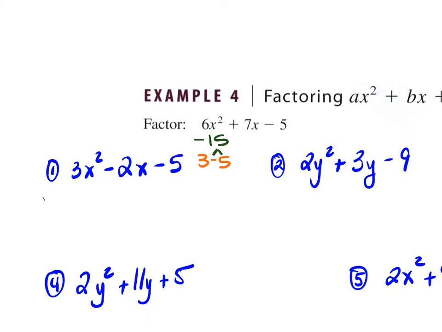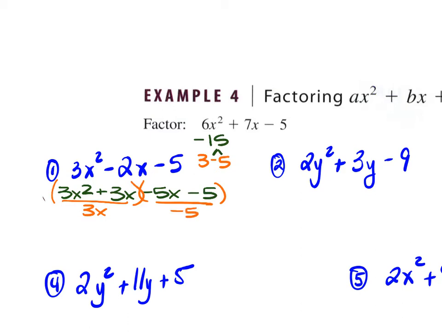So this factors out to be 3x squared plus 3x minus 5x minus 5. And if we factor by grouping, we're going to group the first two terms and the last two terms, factor out their greatest common factor of each. From the first set, it's going to be the 3x. From the last, it's going to be a negative 5.